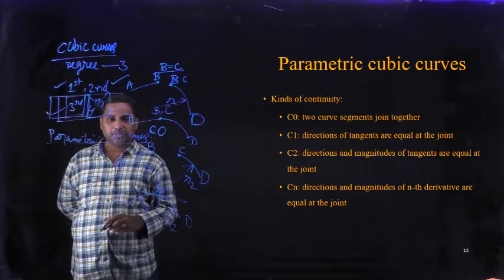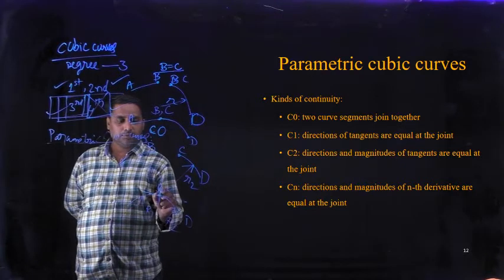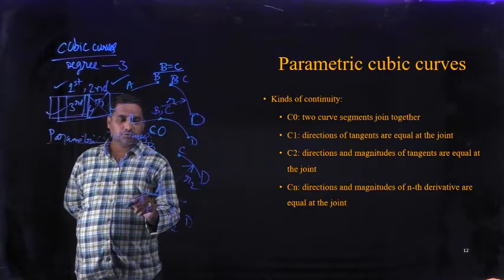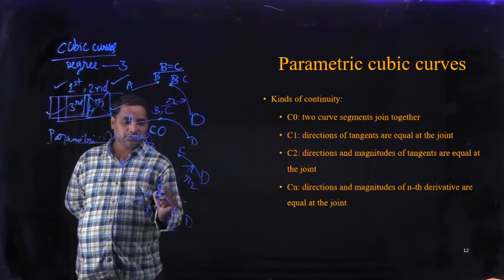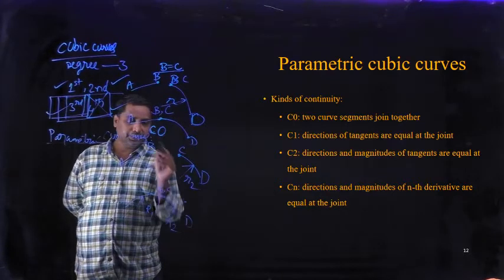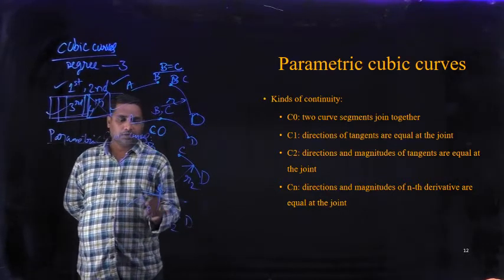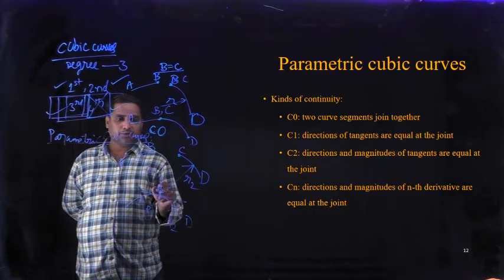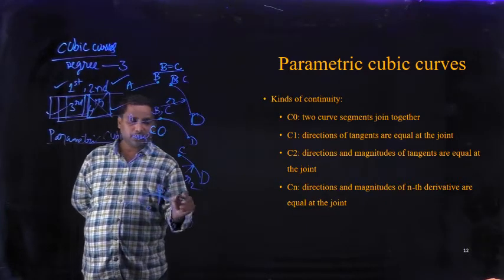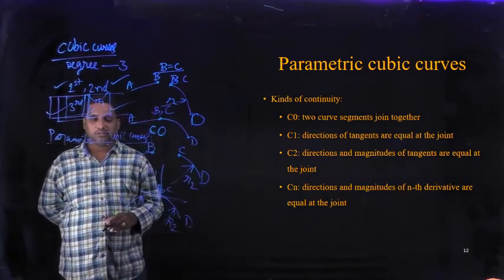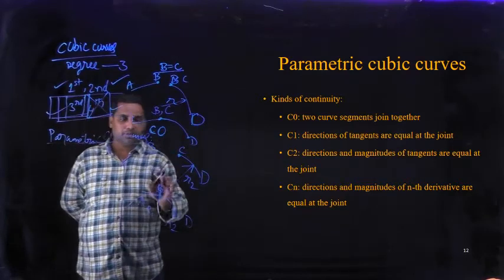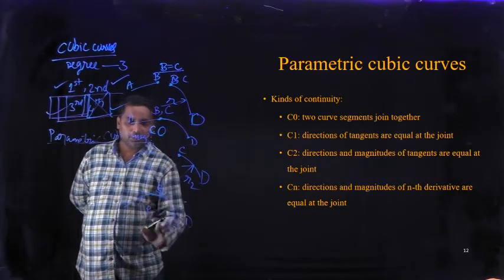Again I am repeating, the tangent at the point B for the curve AB coincides with the tangent at the point C for the curve CD. For AB and CD at points B comma C, the tangents are equal.